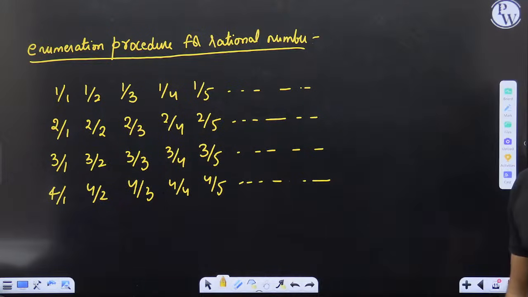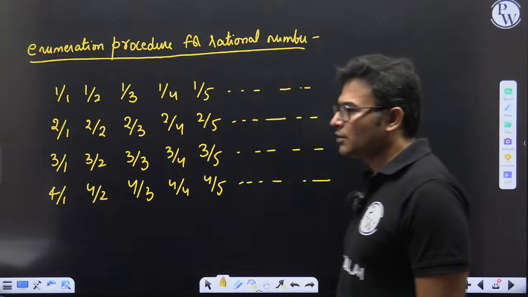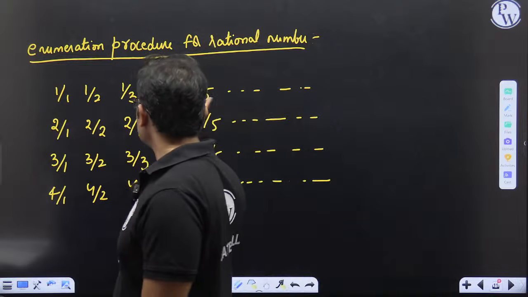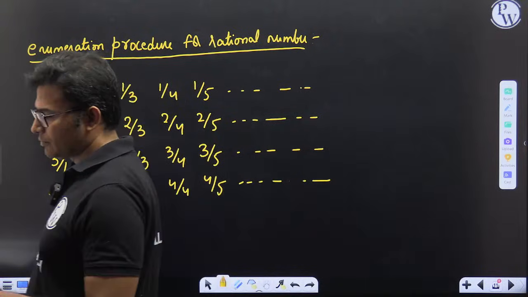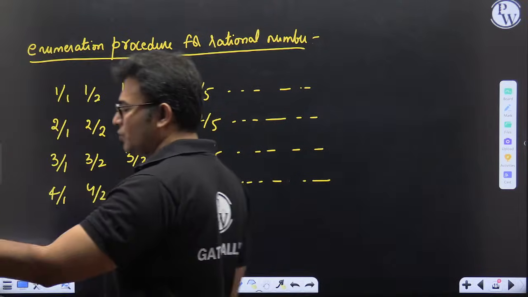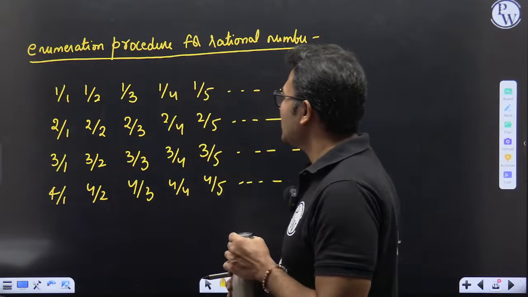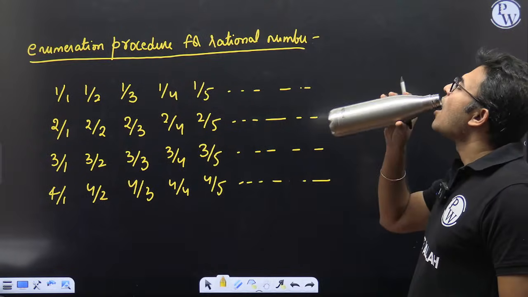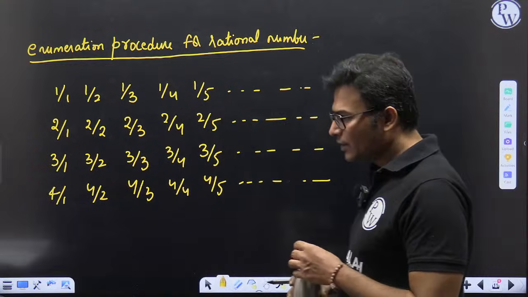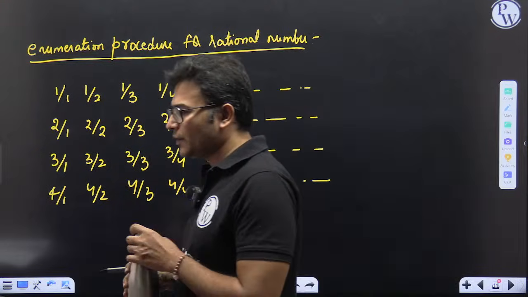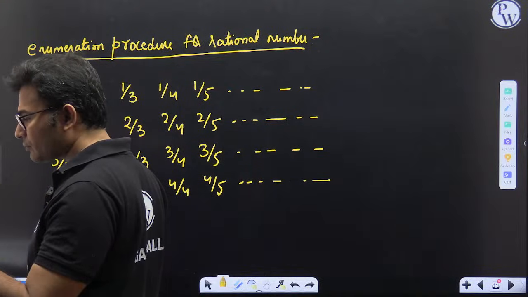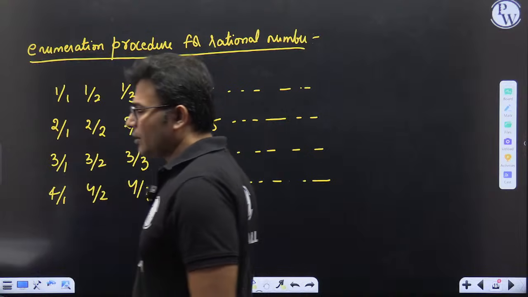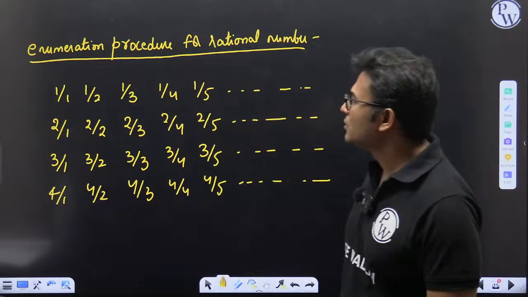Just adding 1 to the denominator and generating all the numbers is not a right method.